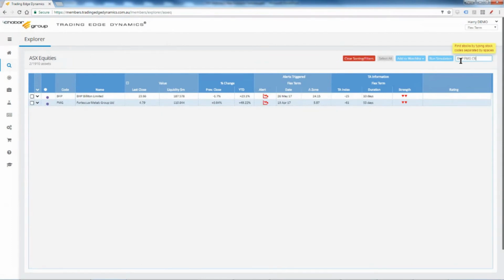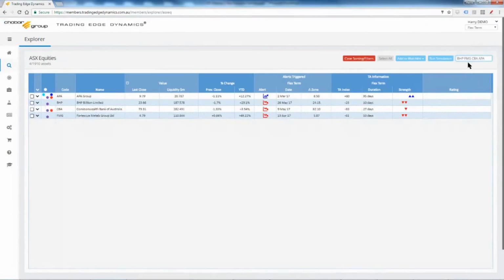Let's do a financial and something from the utilities. Okay, so I put 4 stocks in here, spaced out with a space between them, and again you can see the same information about the specific stocks you're looking for and what direction they're moving. We'll discuss this new column we've created, which is the new categories and what they mean, very soon.